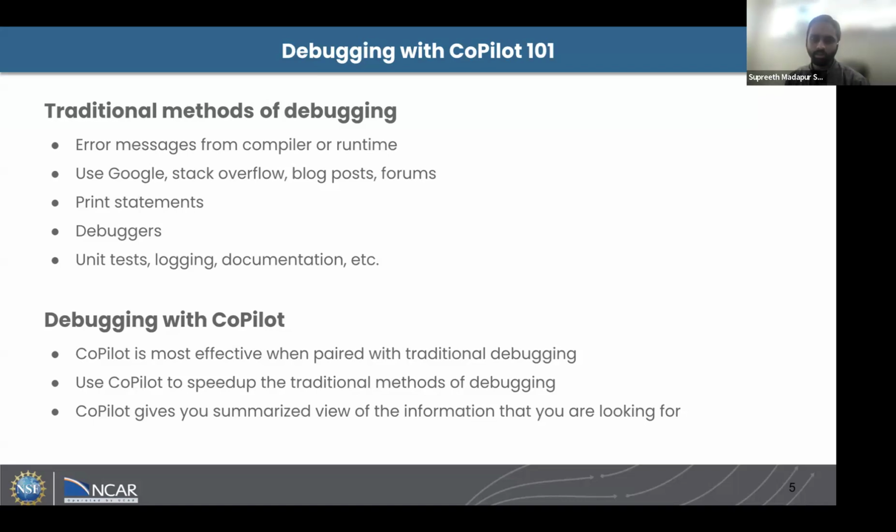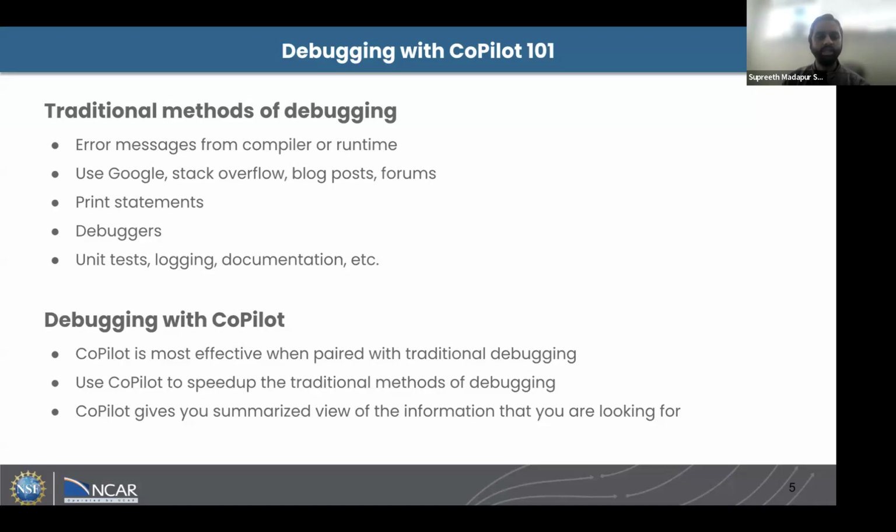Now, let's look at how my experience has been working with Copilot to debug some of the code that I've been working with. First of all, let's take a look at some of the traditional methods of debugging that we generally use.